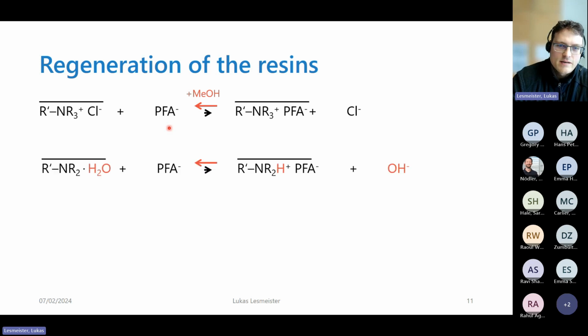It is a bit easier when we use the weak basic resins because we can just increase the pH and then we can deprotonate the functional groups, and desorption is facilitated.